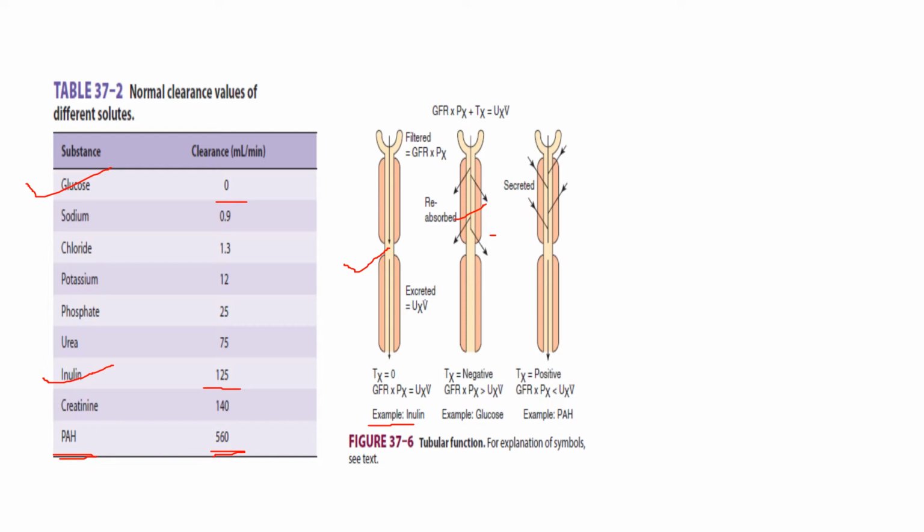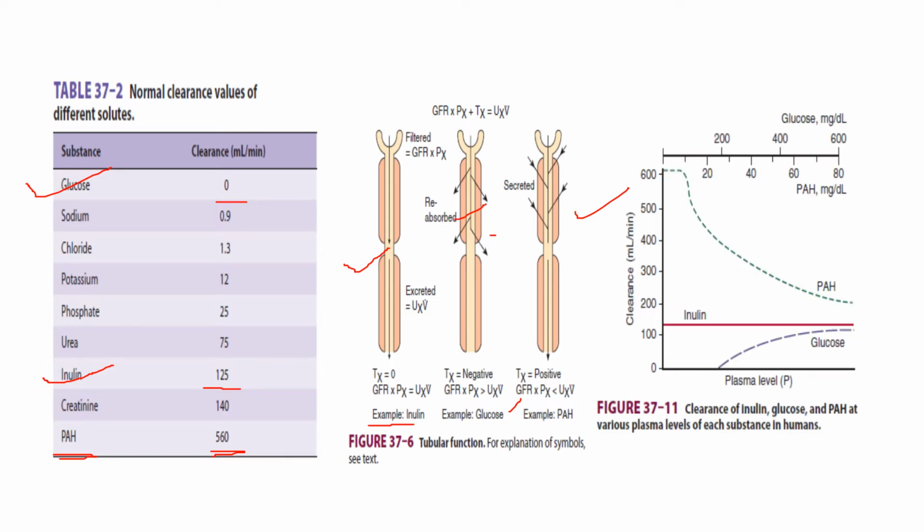So if the clearance of a substance exceeds the GFR, then there is net tubular secretion. The example is para-aminohippuric acid, which, as we know from my previous video, is used for the measurement of renal blood flow.